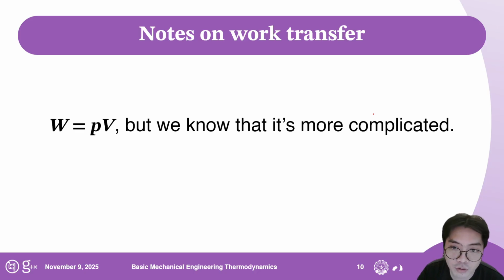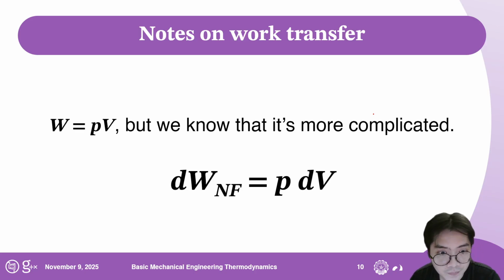Work is not a property. Just because you know the initial state and the final state does not mean you will know the amount of work that has been done. You also need to know the process from which the initial state goes into the final state. So you know the work. Okay? Here we have the work non-flow formula, or rather the differential form of the work non-flow formula.